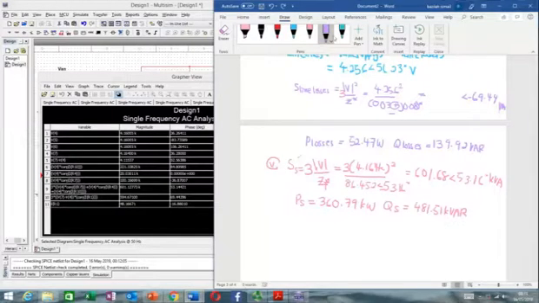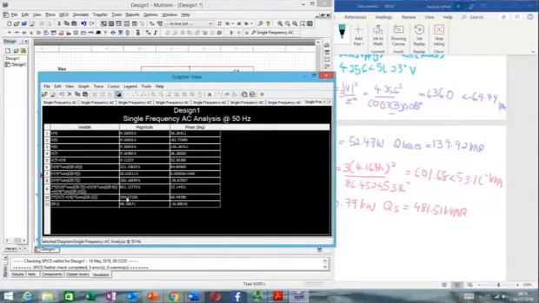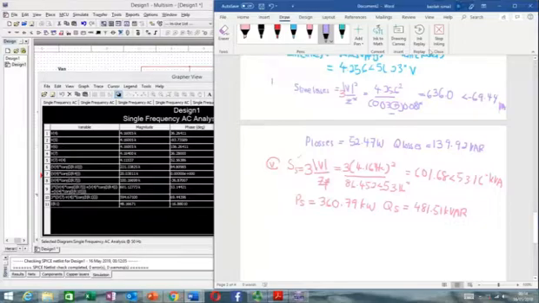Okay, and the angle is correct. So when you refer to the measured value, something is wrong with this one, it is positive.